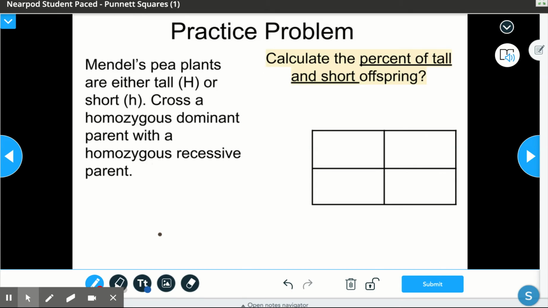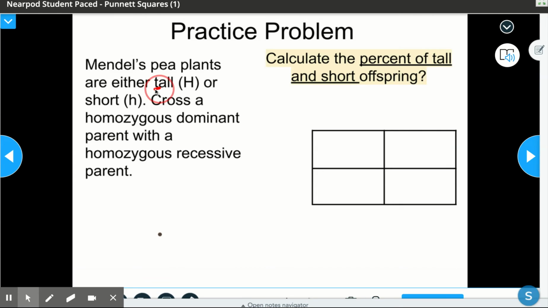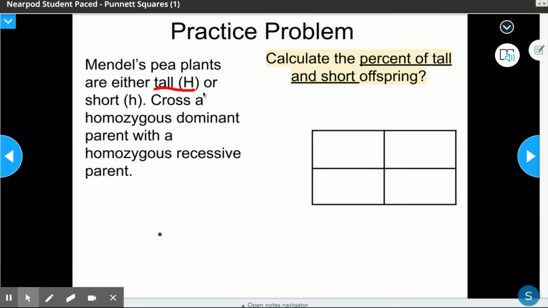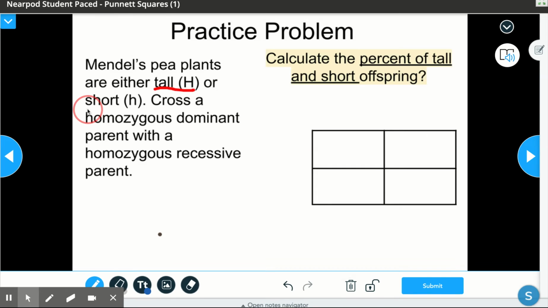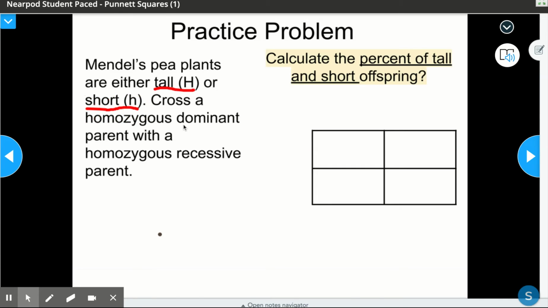I need to identify which version of the trait is dominant and which one is recessive. I'm just going to underline it because the practice problem gave us that information. Notice that tall is represented with an uppercase H, and short is represented with the lowercase h.